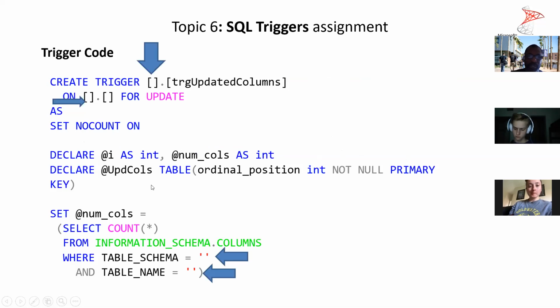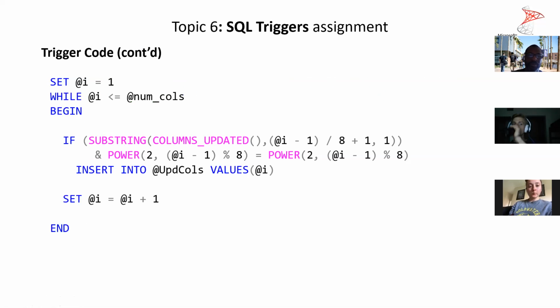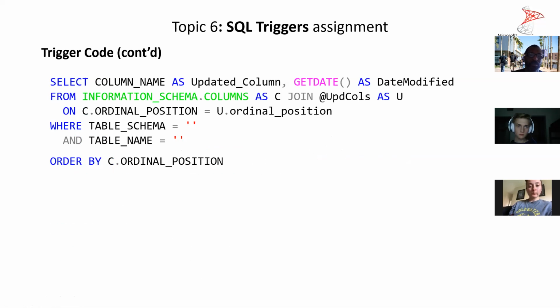So there are actually 3 sections of the code here. I apologize. The last part is basically going to select from this table. This is all in the trigger, where it'll select the date and the schema and the columns that were changed with the trigger from that table.